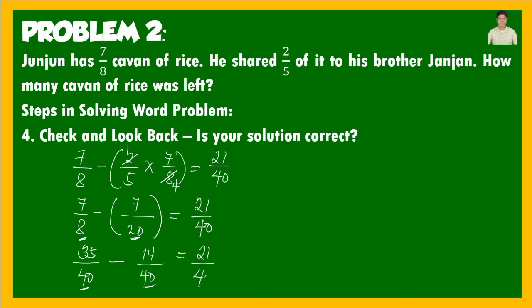Equals 21 over 40. And then subtract lang natin. So 35 over 40 minus 14 over 40, that is 21 over 40 minus equals 21 over 40. So tama po yung nakuha po nating sagot.